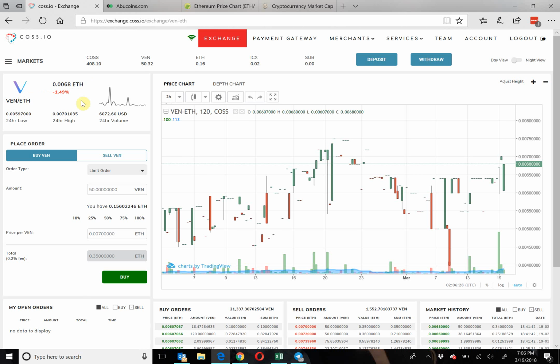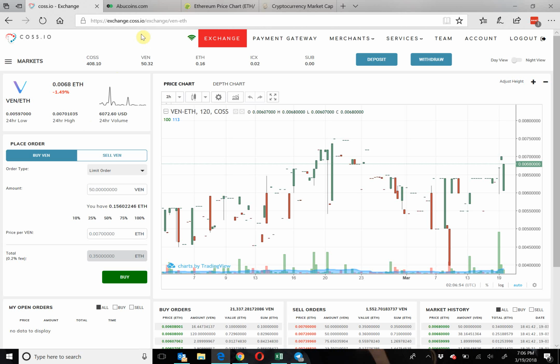Currently I can use some of these tools here and see that in the last 24 hours the low price was 0.0059 Ethereum, and now the price has jumped to a high of 0.007. So what you want to do is use that as an indicator to gauge the buying price.